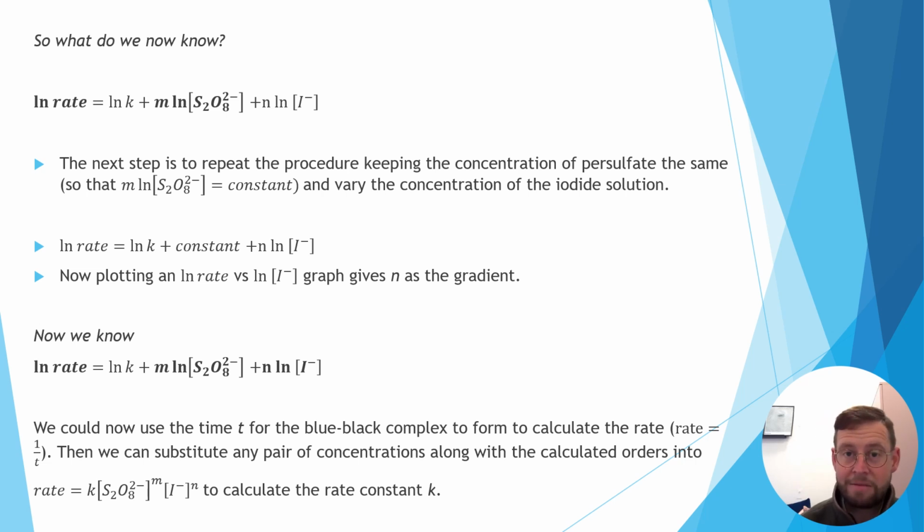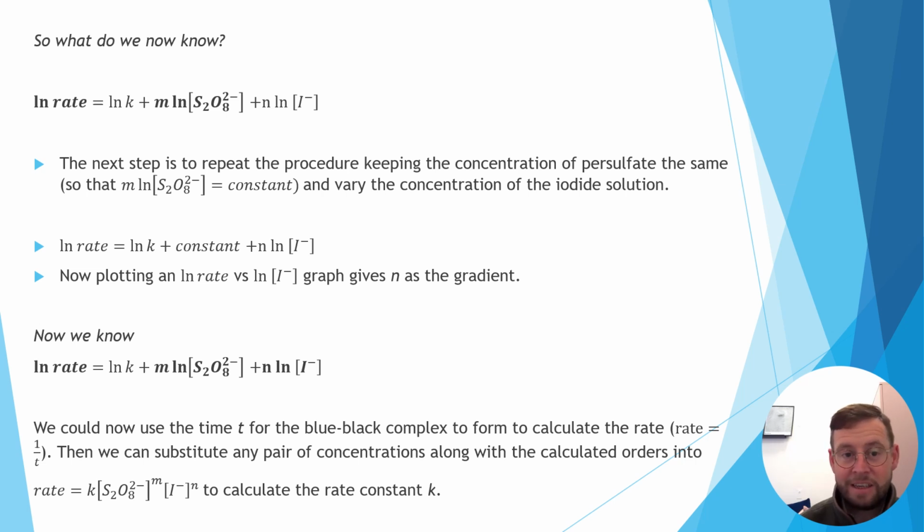So we do that. We plot a graph of the natural log of the rate of reaction. It's going to be equal to the natural log of the rate constant, which we don't know yet, plus a constant, which was where the persulfate was, plus n natural log of the iodide concentration.